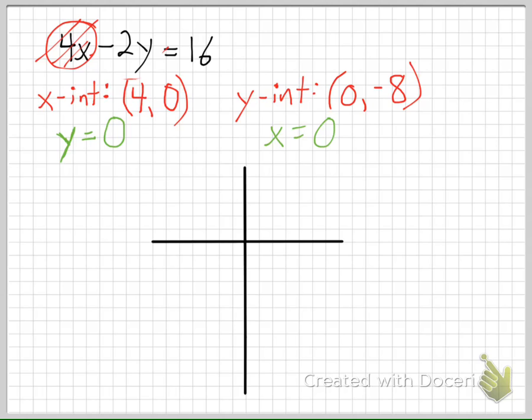Which of course makes sense because that is the x-intercept, so it's going to be on the x-axis. And then I have to graph (0, -8). That time I go left or right none, and I go down 1, 2, 3, 4, 5, 6, 7, 8.